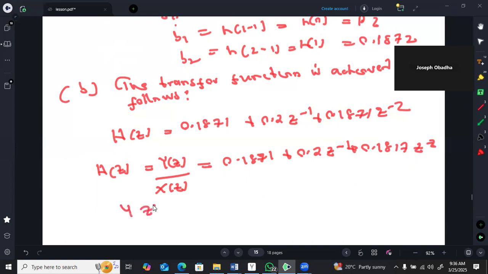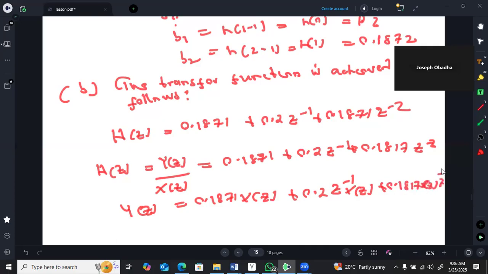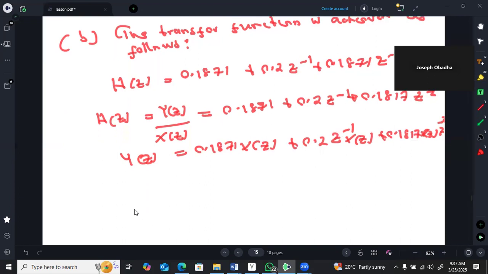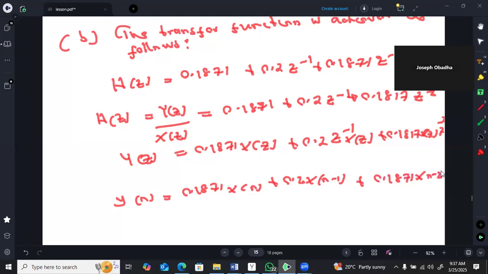Or Y of z is equal to 0.1871 X of z plus 0.2 z to the minus 1 X of z plus 0.1871 z to the minus 2 X of z, from which we obtain the difference equation, by taking the inverse transform: y of n equal to 0.1871 x of n plus 0.2 x of n minus 1 plus 0.1871 x of n minus 2.